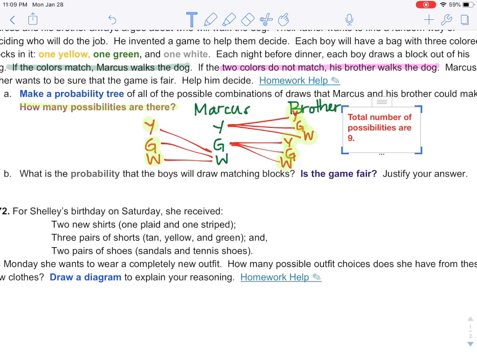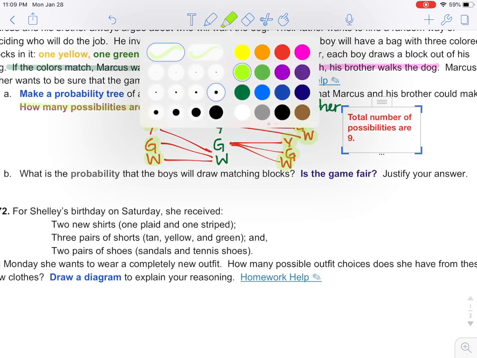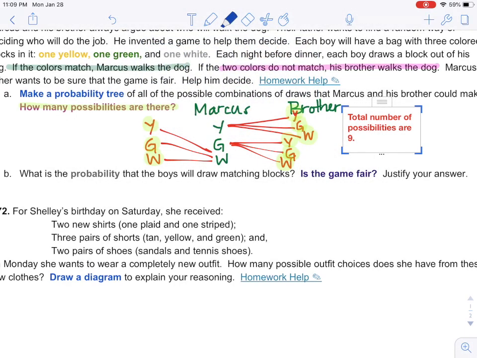Okay, let's go ahead and tackle B. What is the probability that the boys will draw matching blocks? Is the game fair? Well, let's figure out how many times they have matching blocks. I'm going to use blue and highlight them. If Marcus draws a yellow and his brother draws a yellow, that would make a matching set of blocks.